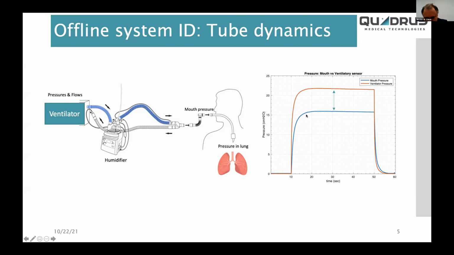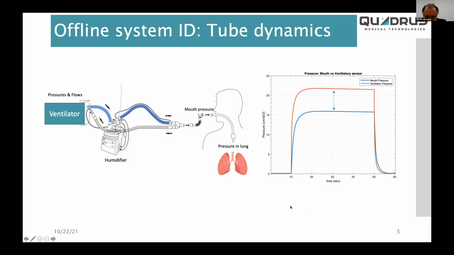As you can see, just by looking at the graph, the transfer function that converts the mouth pressure to ventilator pressure is just a gain. It's as simple as a gain, not a complex transfer function model or some fluid dynamic equation. So yes, this is an example of offline system identification.